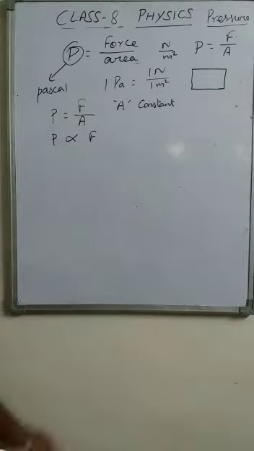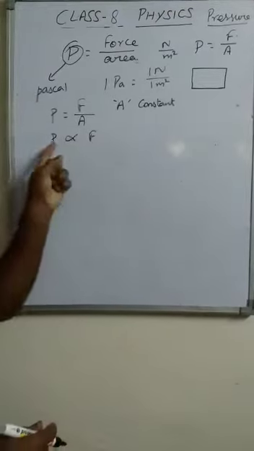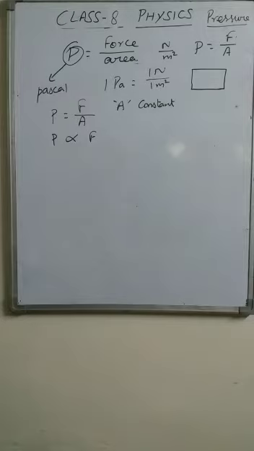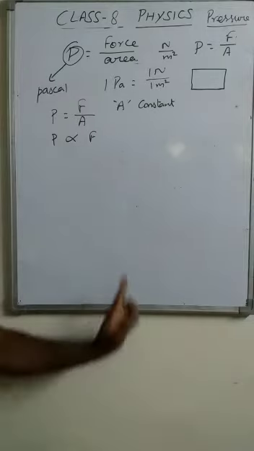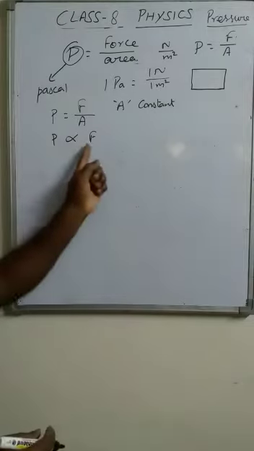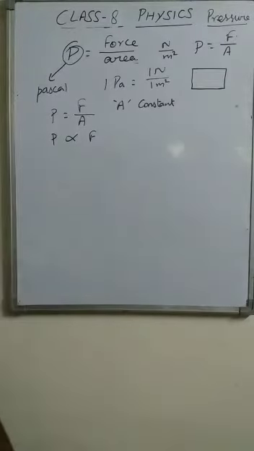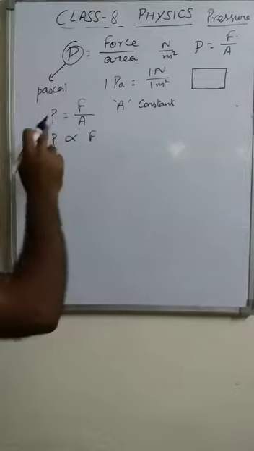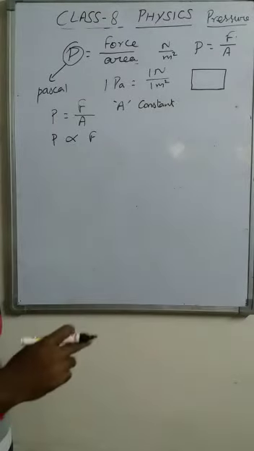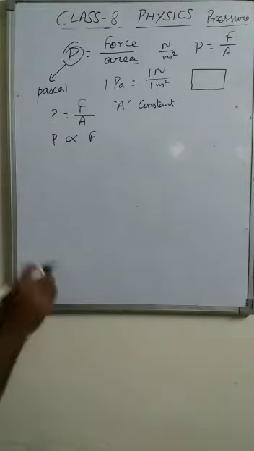Directly proportional means if force is increased, pressure also increases. By keeping the area constant, if force applied is increased, then the pressure developed also increases. So we say the pressure is directly proportional to force.